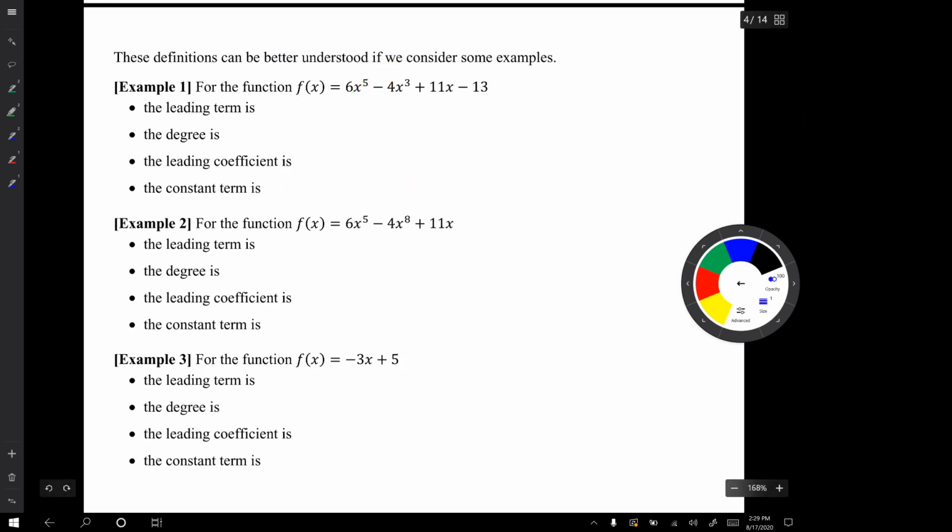Now, for this function, the leading term is negative 4x to the 8. The degree is 8, and the leading coefficient is negative 4. The constant term is 0. So notice that the leading term does not have to be the term listed first in the presentation of the function.